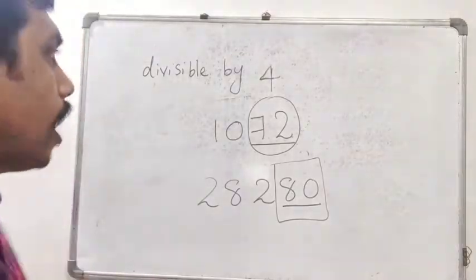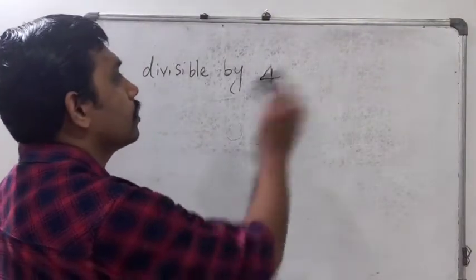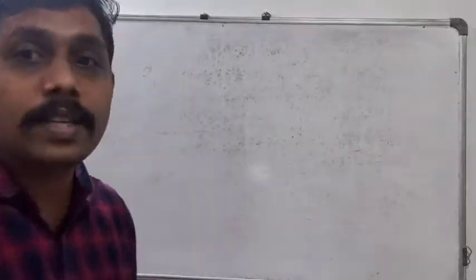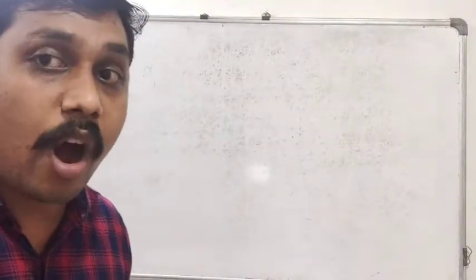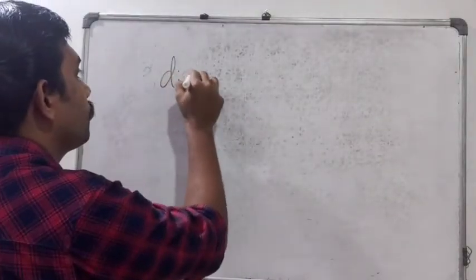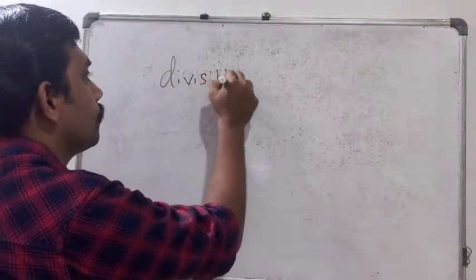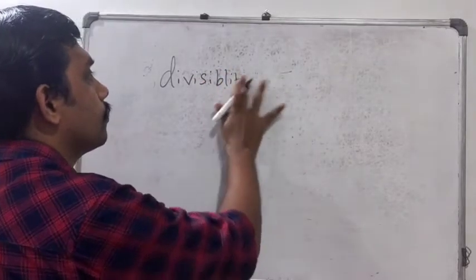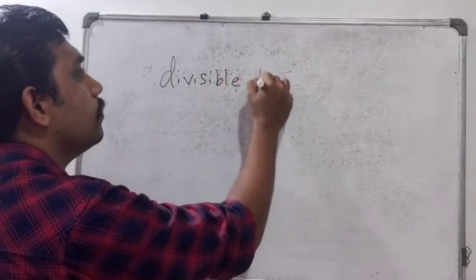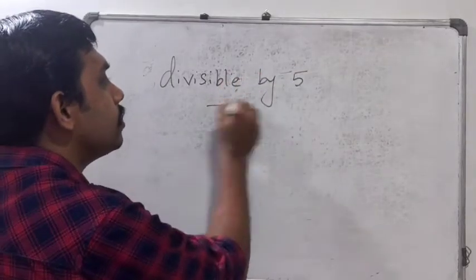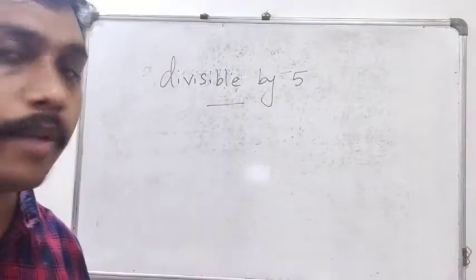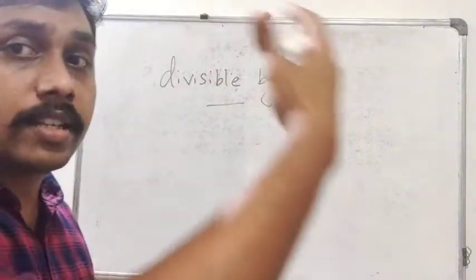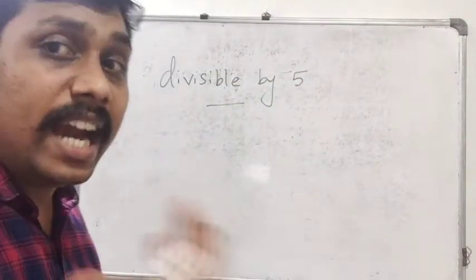Okay students, now next is divisibility of 5. It is very simple. Divisible by 5. That means we are going to check the divisibility of 5. What are the numbers that can be divided by 5?